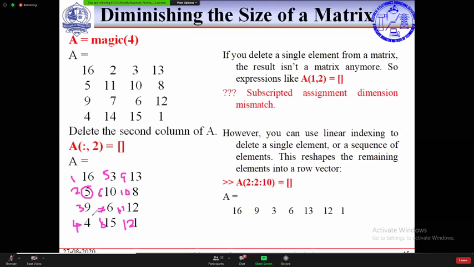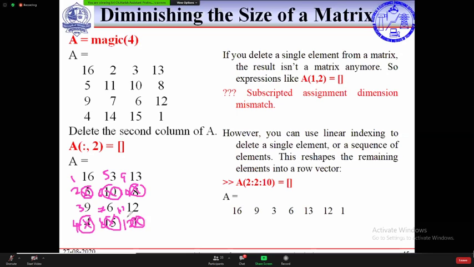What is the fourth one? 4. What is the sixth one? 10. What is the eighth one? 15. 8. 1. It is asking to make these empty. Just remove all these elements in the matrix. So what are the remaining elements? It is 16, 9, 3, 6, 13, 12.